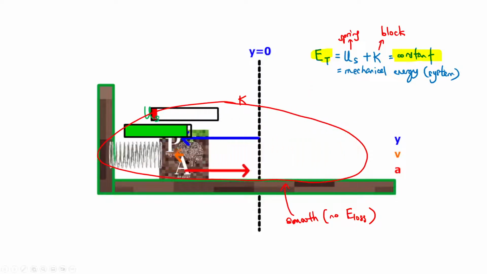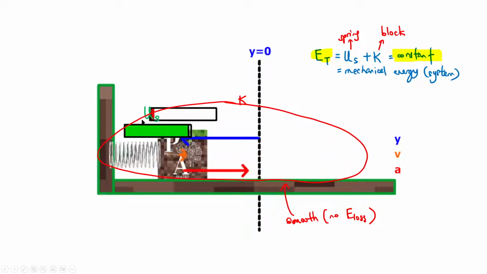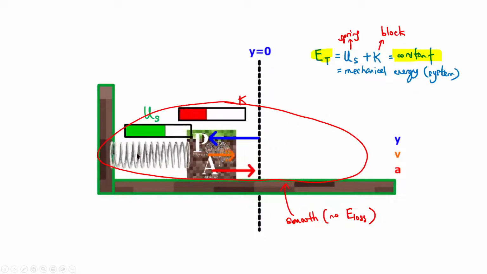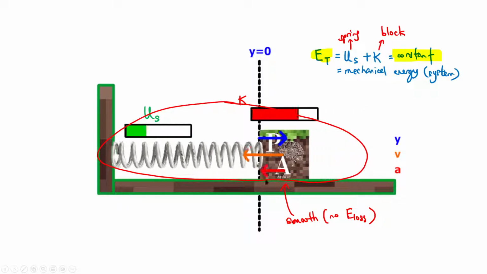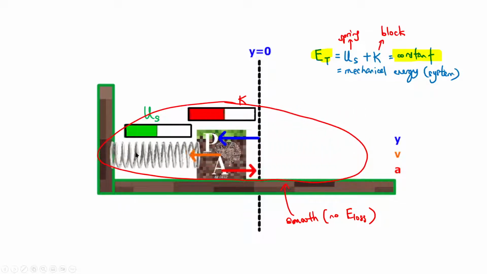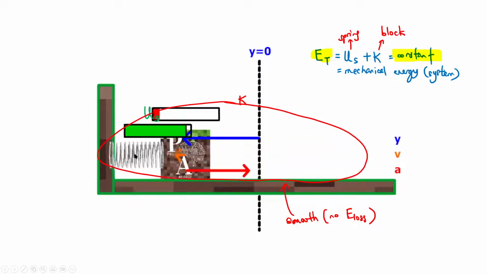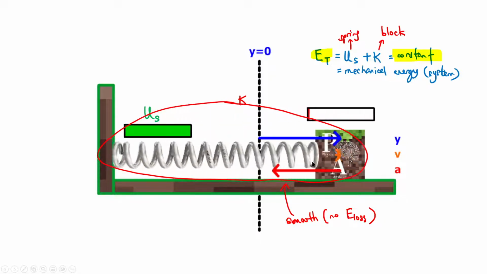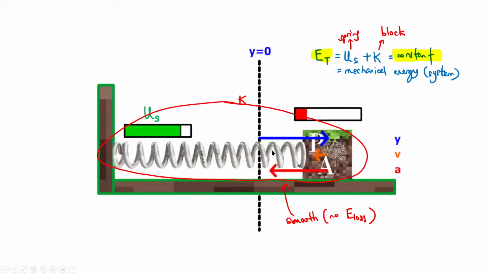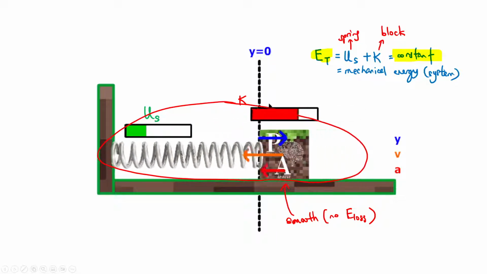Look at which location it has the most elastic potential energy: during maximum extension or maximum compression. It has the most elastic potential energy, right? When does the block have the most kinetic energy? At the equilibrium position, it has the most kinetic energy.